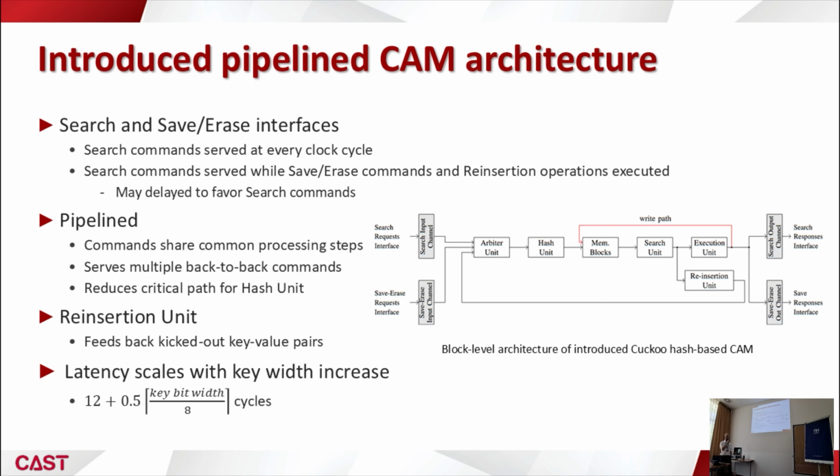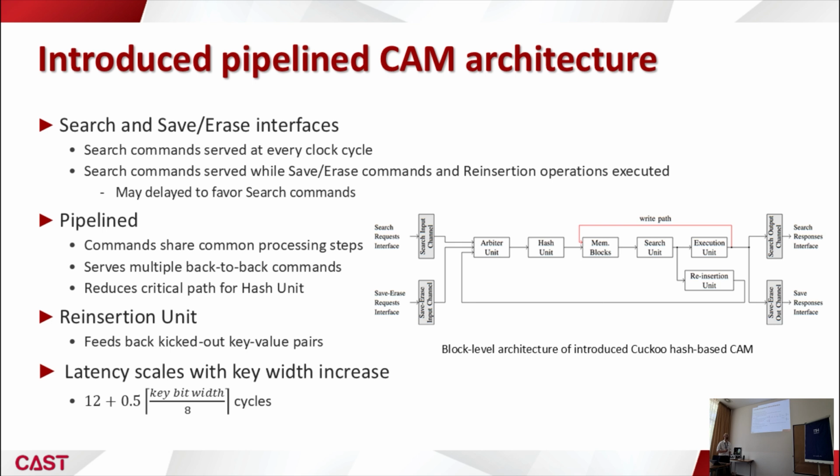The hash unit takes the key of the current command and produces the hashes. The next unit contains the memory control logic and the memory blocks that correspond to the hash tables. The search unit checks if the read positions have an empty slot or contain the sought key, depending on the executed command.